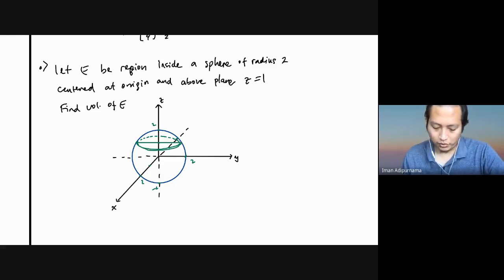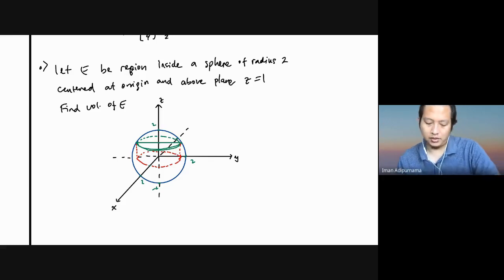When you cut it, you have this kind of shape. When you project this to the XY plane, you can see the circle here.